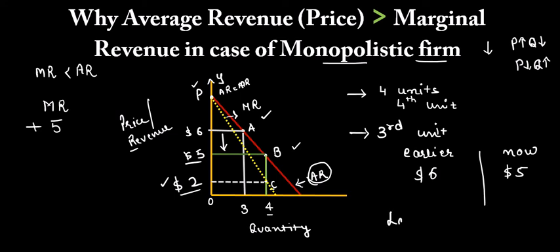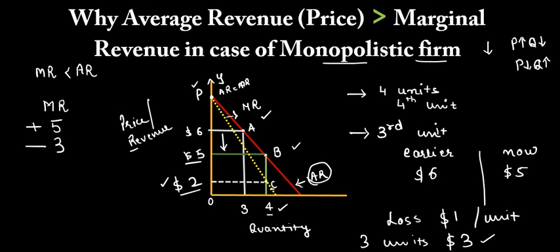So there is a loss of $1 per unit. So for 3 units, how much would be the total loss? That would be $3. It means for having the additional 4th unit, the firm will have to lose $3, that means minus 3. So the final marginal revenue comes out to be $2.